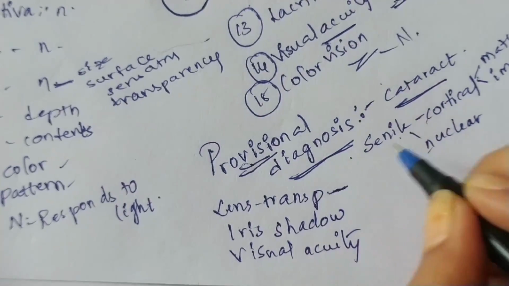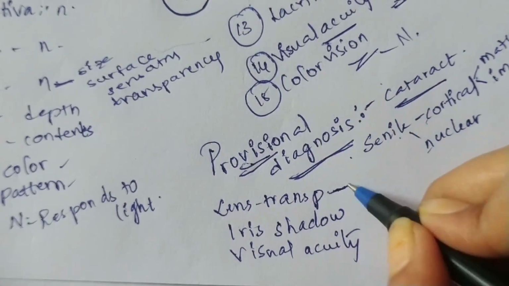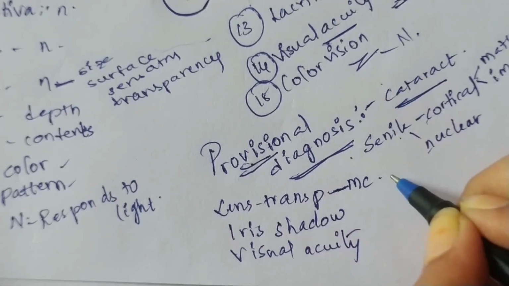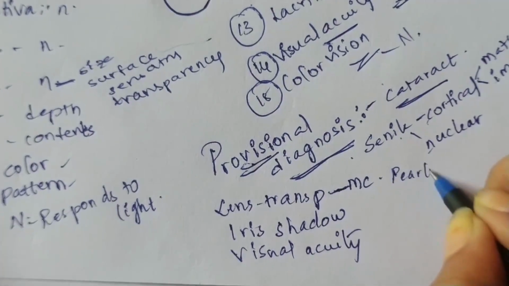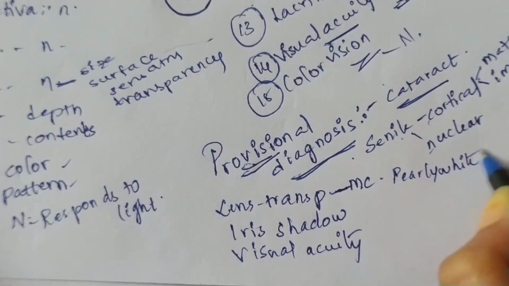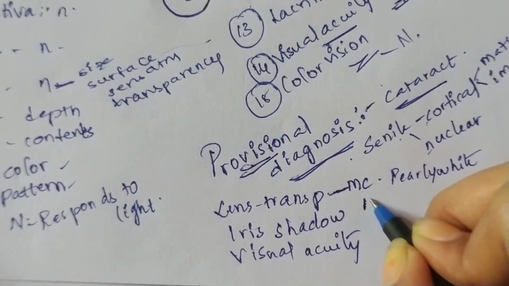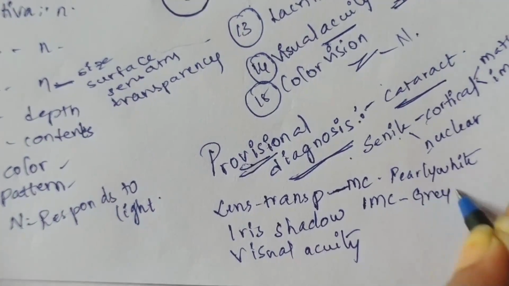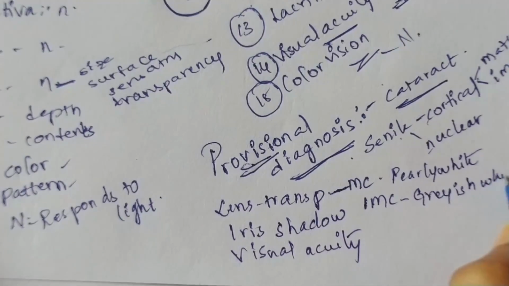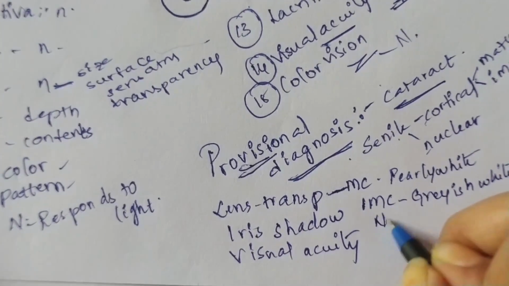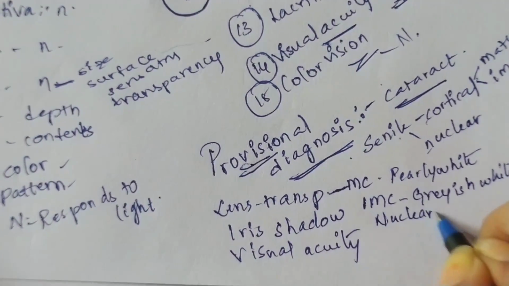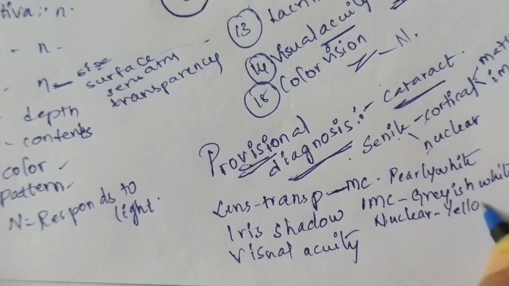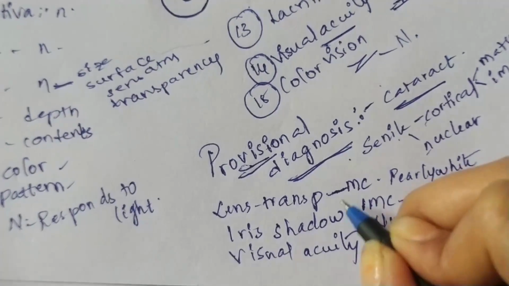Lens transparency. In mature cortical cataract, lens will be pearly white. In immature cortical cataract, lens will be grayish white. And in nuclear cataract, it will be yellowish or brownish.